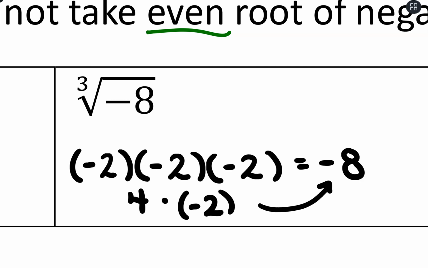That gets us to our -8. So when we have an odd index, this works out that we would want to have -2 cubed would give us a -8. So our solution, or rather how we would simplify that, is down to a -2. So that works out. If we have an odd index, we can evaluate the negative radicand.